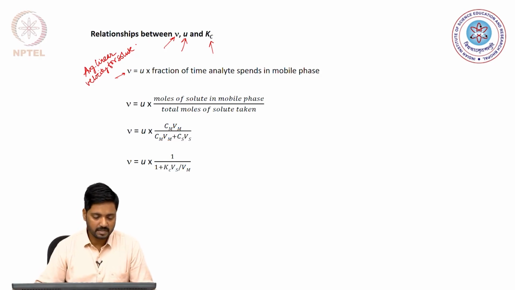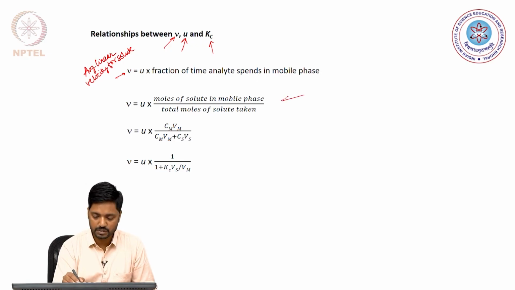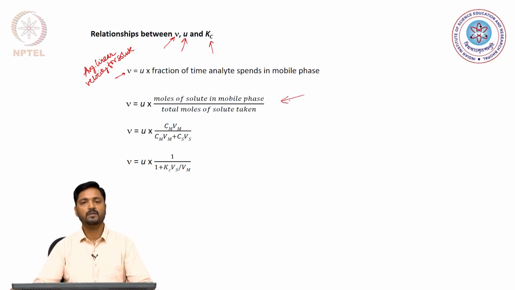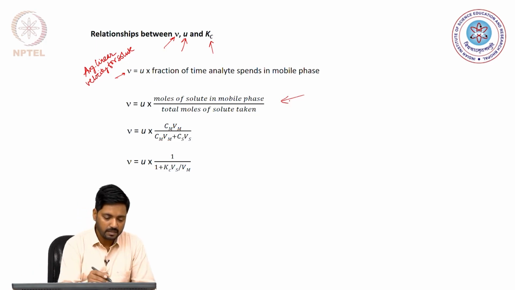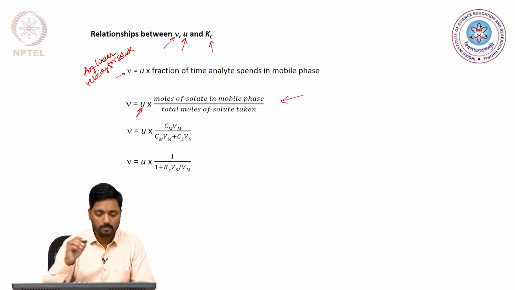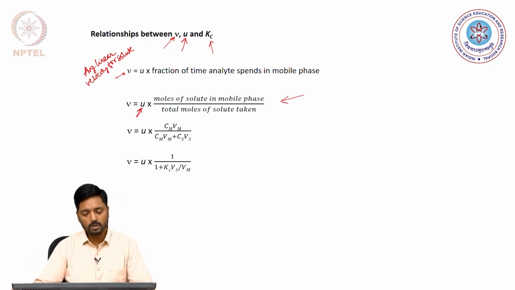So, this is described in the next equation shown here, where we have said that the average velocity for the solute is nothing but the velocity of the solvent, which is given by u, multiplied by the moles of the solute in the mobile phase divided by total moles of solute that was present in the column.